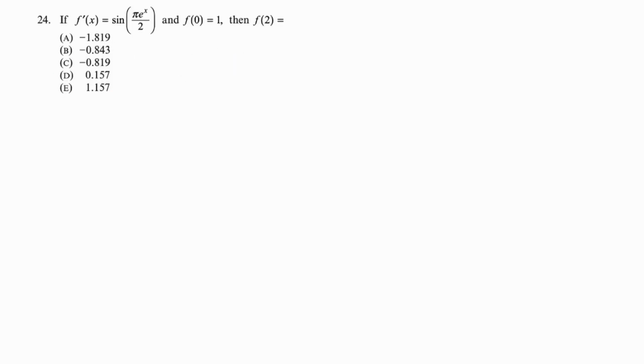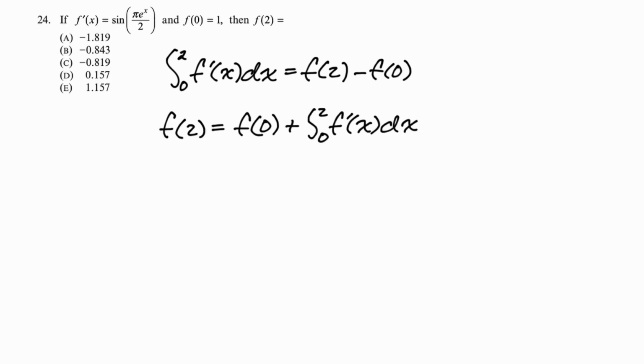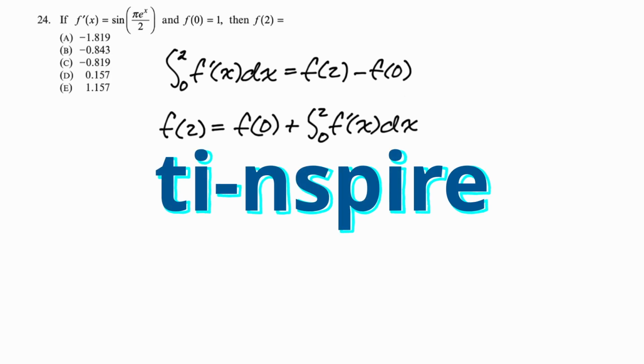24, if f prime of x is sine of pi e to the x over 2 and f of 0 is 1, then f of 2 equals. This is really just a fundamental theorem question. I'm going to write down the fundamental theorem, which says that the integral from 0 to 2 of f prime of x dx is equal to f of 2 minus f of 0. Once we have that written down, we're trying to solve for f of 2, so let's solve this thing for f of 2, right? Just add f of 0 to both sides. I won't make you watch me write that. We get this. Now I'm going to switch over to the calculator and let the calculator do the work.